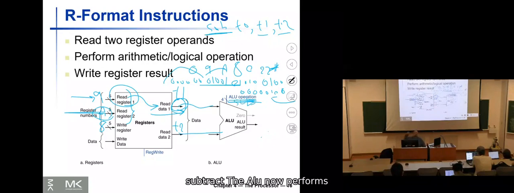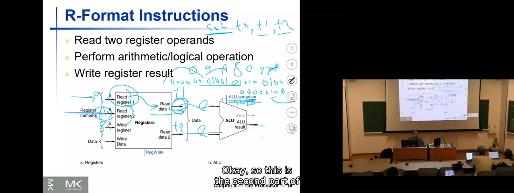The ALU performs subtraction on these two values, and the result comes here. Okay? So this is the second part of our data path for an R format instruction like sub.